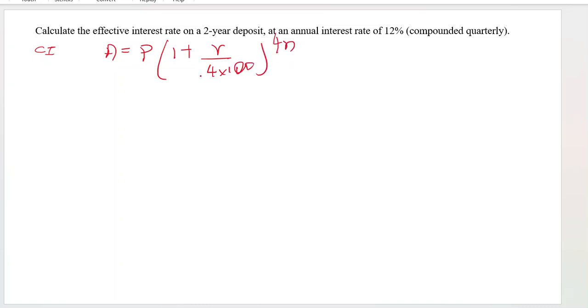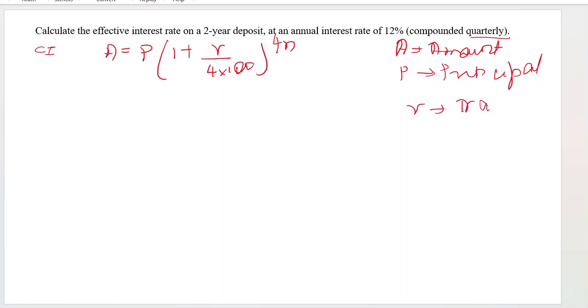Now, we have used the 4 here just to show that it is quarterly. In the formula, A is the amount that you will receive, P is the principal that you will put, R is the annual rate, and n is nothing but the number of years.